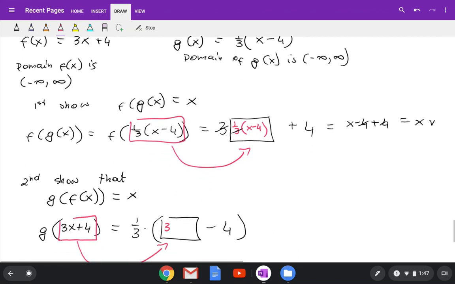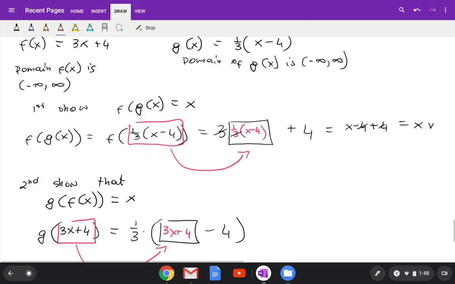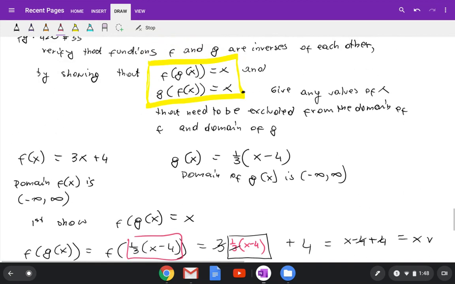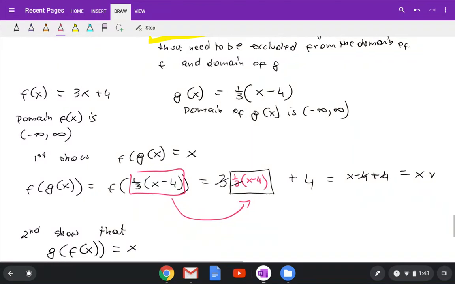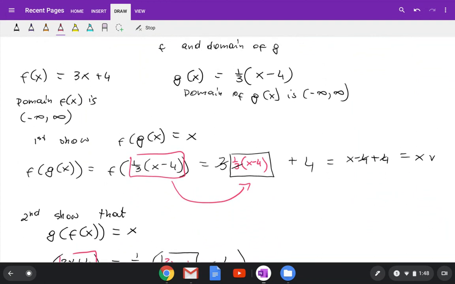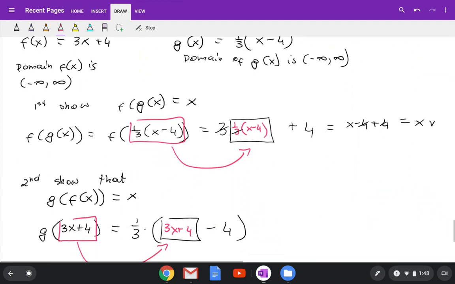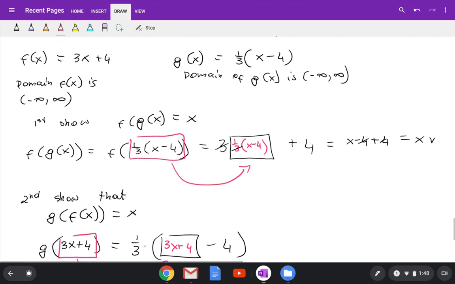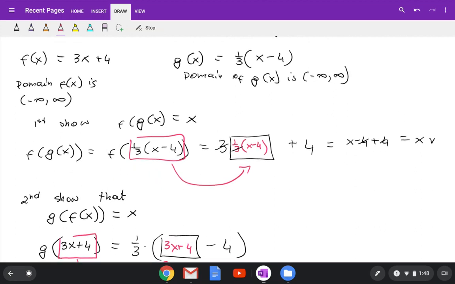So g composed with f, g of 3x plus 4, is 1/3 times 3x plus 4 minus 4.